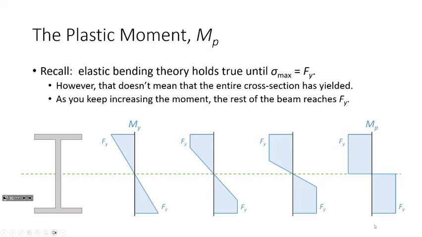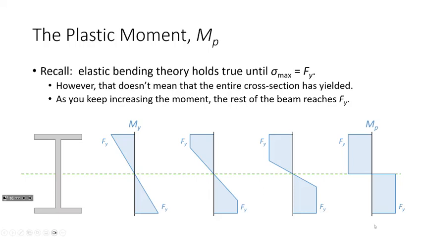But if the entire cross-section reaches Fy, that is the maximum moment. And what happens at that point is the entire beam has gone past elastic behavior at that cross-section, and we are now into plastic behavior. Okay? And plastic behavior is where we start to get permanent deformations in the beam.